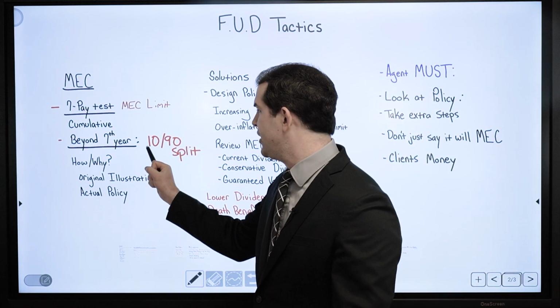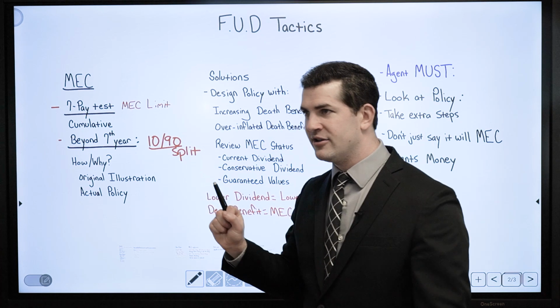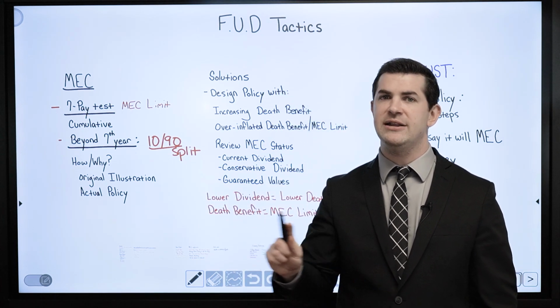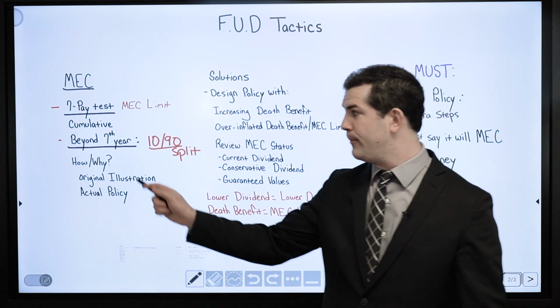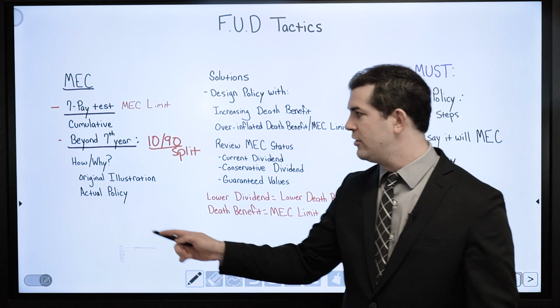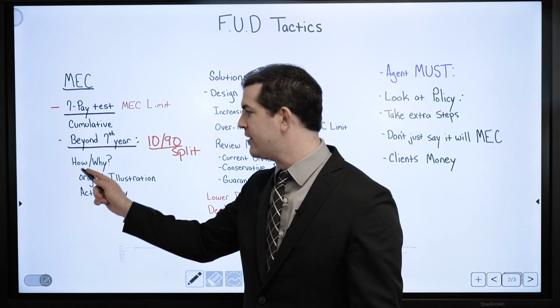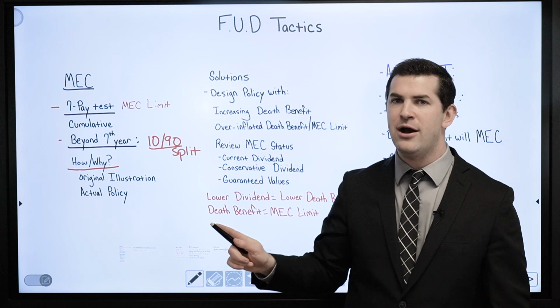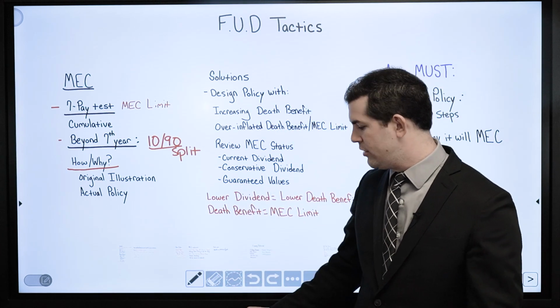Now, if I'm told, hey, if I go with the policy that looks the best, has the most cash value, guaranteed and non-guaranteed, but it will MEC beyond year 7, well, that means I wouldn't want to go with that policy. So if the policy does MEC beyond year 7, I would specifically want to know how and why.